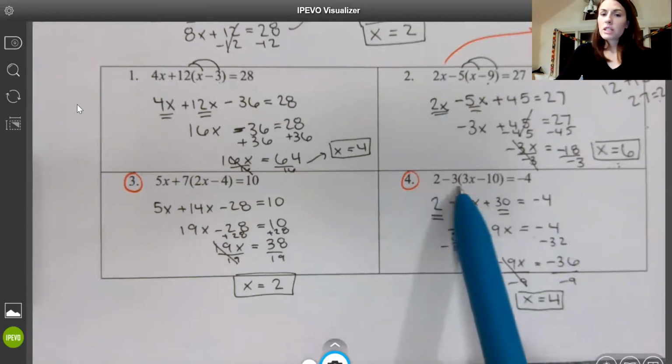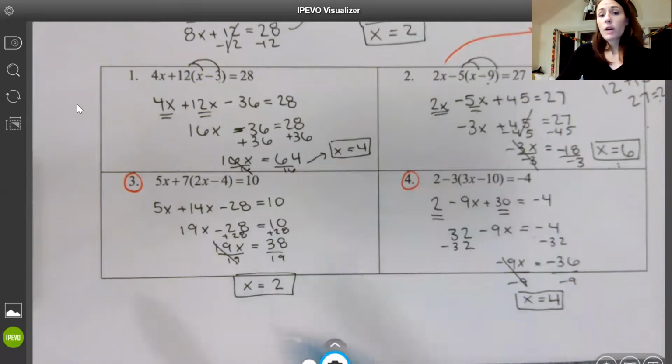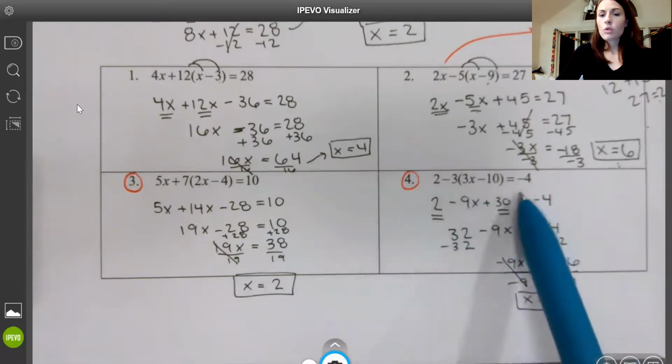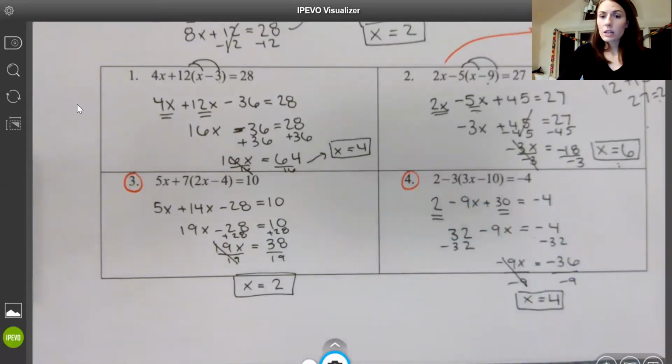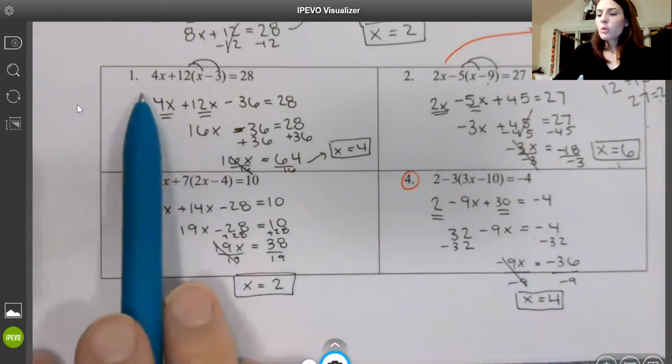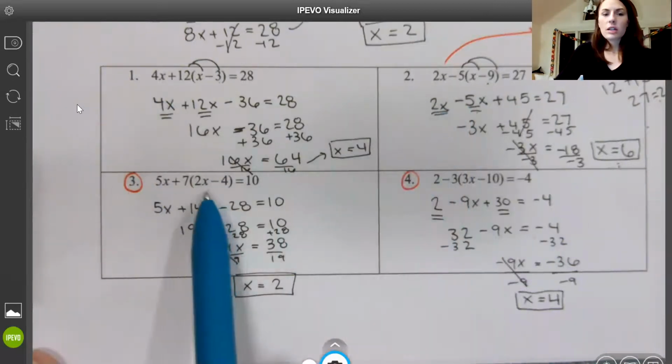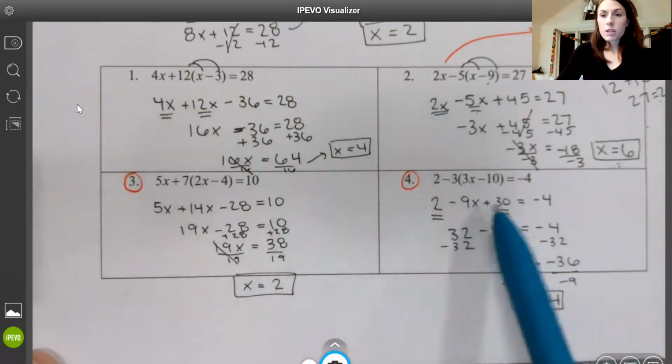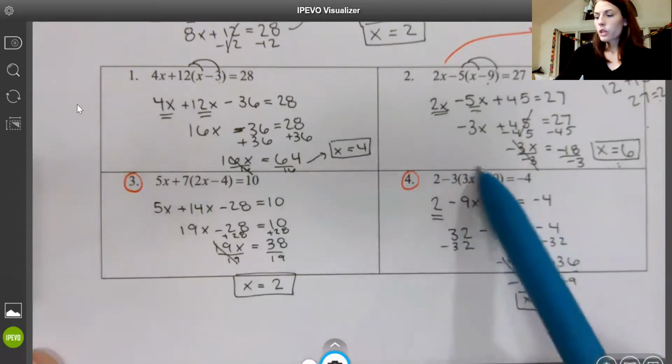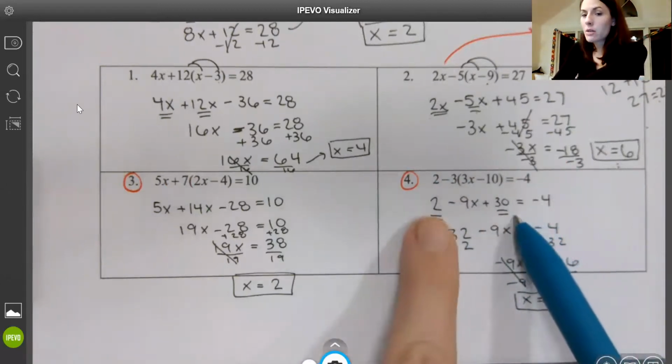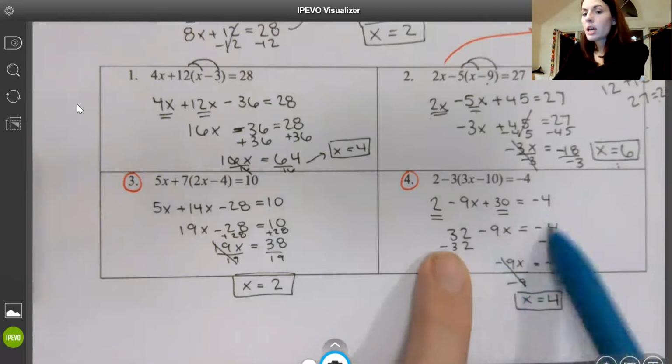So just don't be tempted to combine things, like, oh, I know what 2 minus 3 is. That's going to mess up everything down the road because it's going to give you the wrong term to distribute and the wrong answer in the end. So when it's set up like this, I feel like students tend to do the right thing. This sometimes gets you. So first we distribute, then we can collect like terms, and then we move from there.